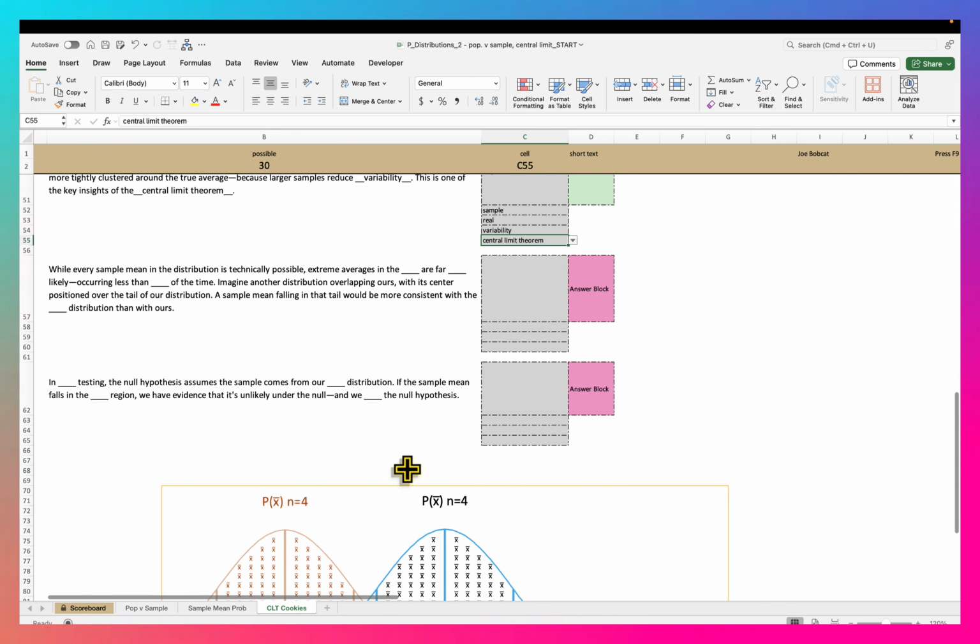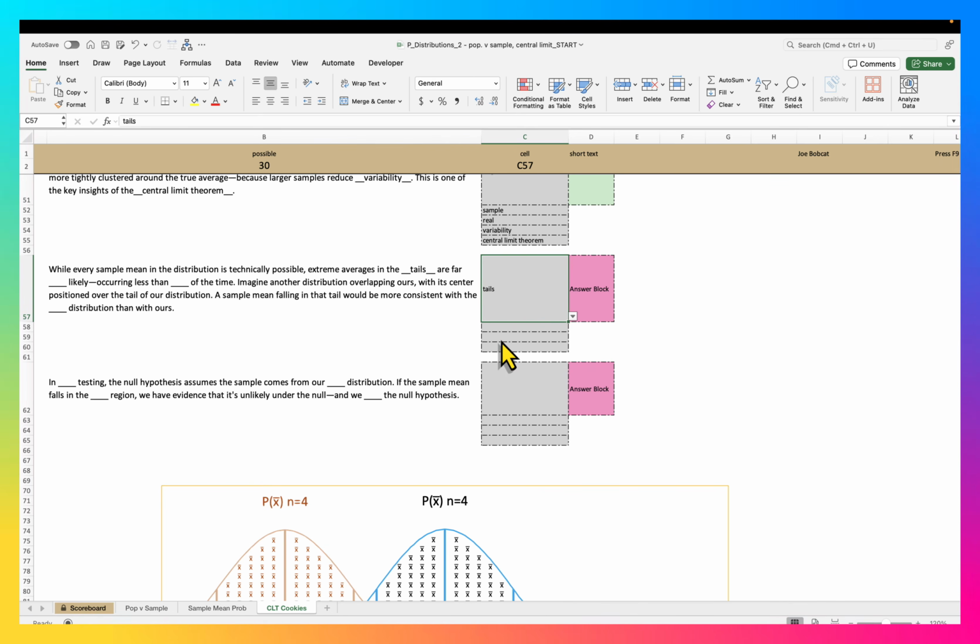While every sample mean in the distribution is technically possible, extreme averages in the tails are far less likely, occurring less than 5% of the time. Imagine another distribution overlapping ours with its center positioned over the tail of our distribution.